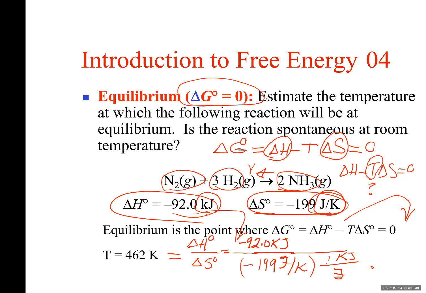And can I say 1 kilojoule is 1,000 joule, which is in a way dividing 199 by 1,000, which is 1.99. And if you calculate this, joule and joule is gone, kilojoule and kilojoule will cancel each other, and 1 over K becomes K. Anybody gets 462?